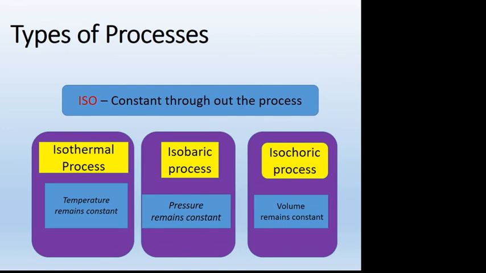Isobaric, bar is the one which is used to determine pressure, so that means pressure remains constant throughout the process. An isochoric process is where volume remains constant. So when iso comes to your mind, you should remember that any one property remains constant throughout the process. It can either be temperature, pressure, or volume. Based on that, we have isothermal, isobaric, and isochoric processes.